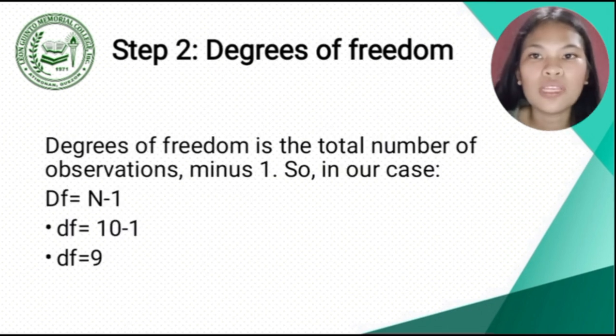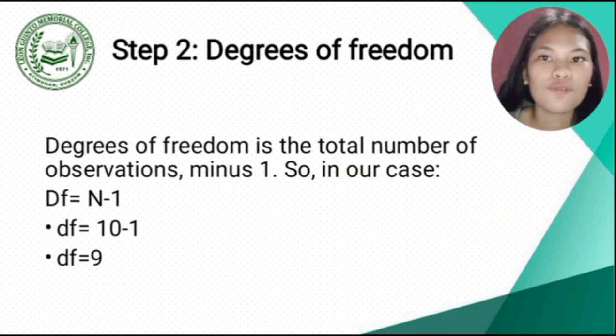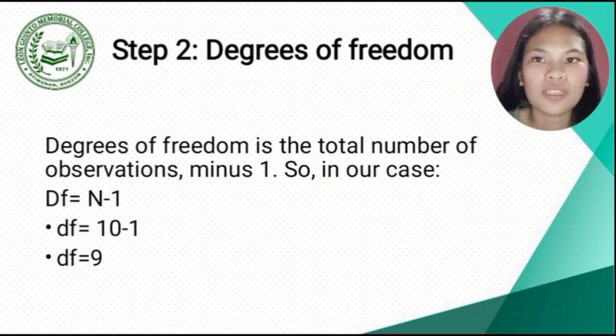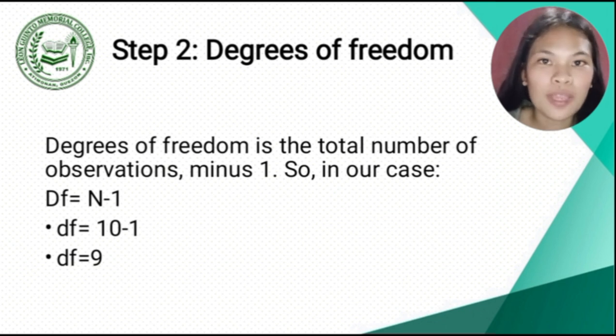For step 2, degrees of freedom. The degrees of freedom for the dependent sample t-test, df, is equal to n minus 1. df means degrees of freedom, which is the total number of observations minus 1.